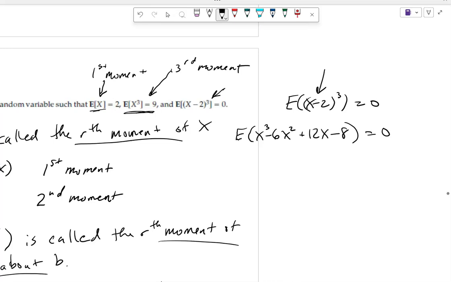Good. We multiply all that out, you get that. And now again, we know that our expectation is linear. So how can we rewrite the left-hand side?